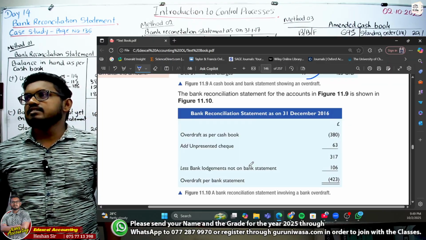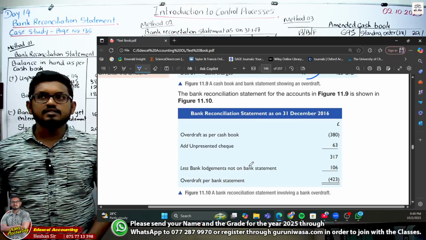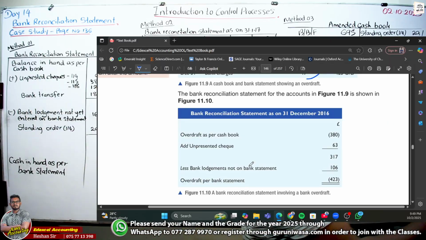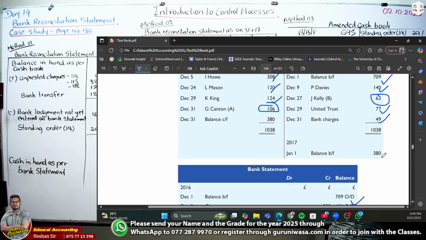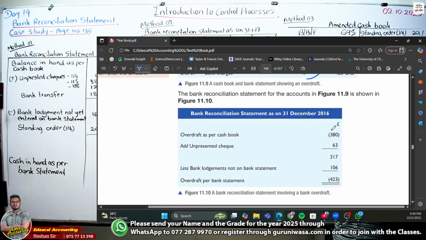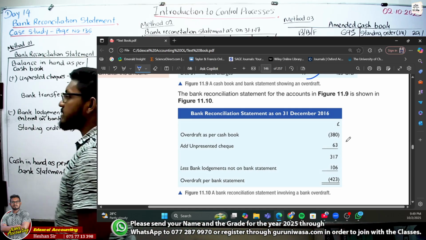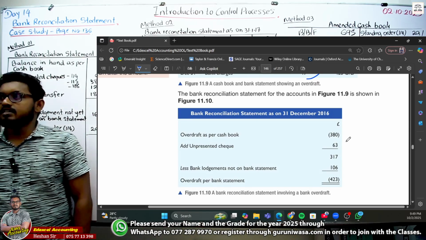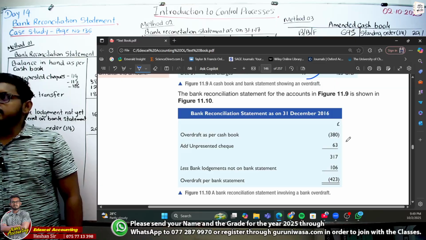That's why in here 380 is within brackets. The cash book closing balance is 380 credit balance. Credit balance means overdraft. We need to write it as minus when we are preparing the bank reconciliation statement. Unpresented check, add.